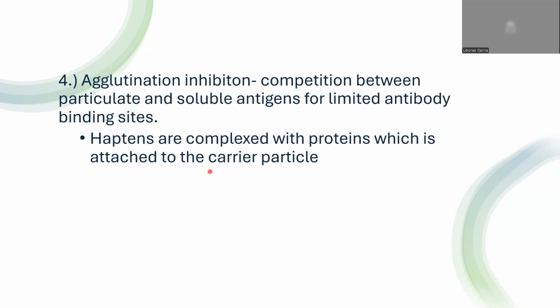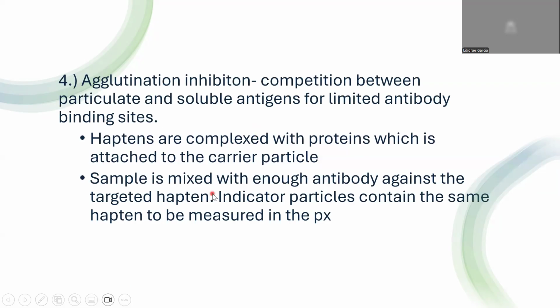Okay? But they may create new epitopes when paired with a carrier. So therefore, they need an additional carrier to be bigger in size, and at the same time to cause agglutination. Okay? So the naturally occurring hapten, the most common is your catechol in poison ivy.